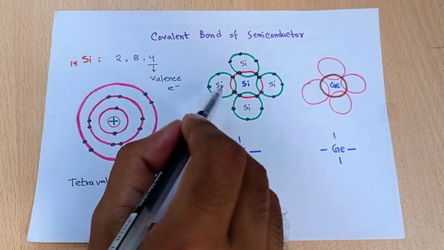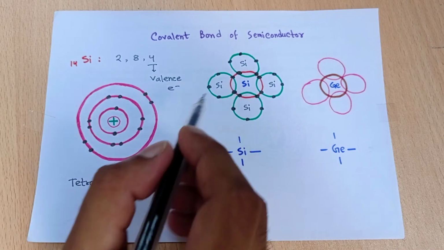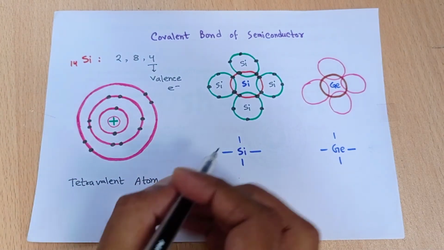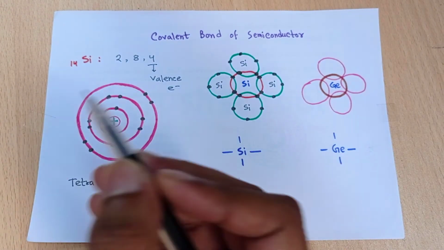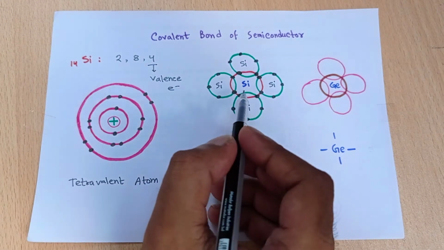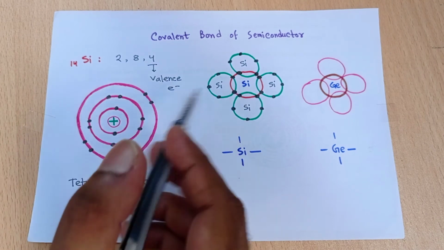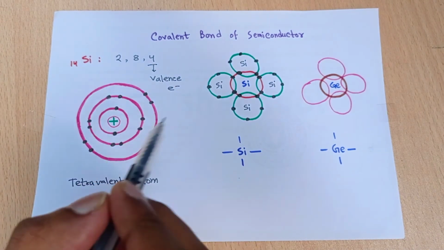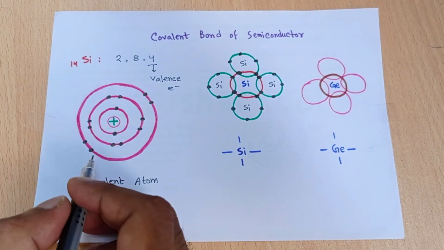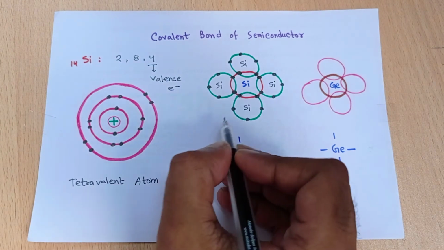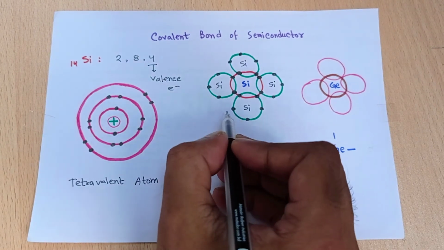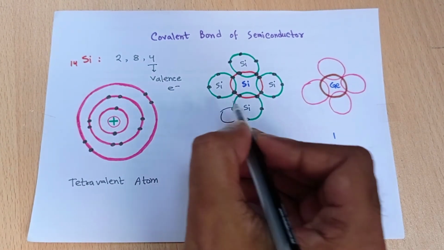So this silicon has the octet at its outer shell, and this silicon atom remains stable. This is the way silicon can combine with each other and share their electrons between themselves. But here if you see, this silicon also contains another silicon atom.